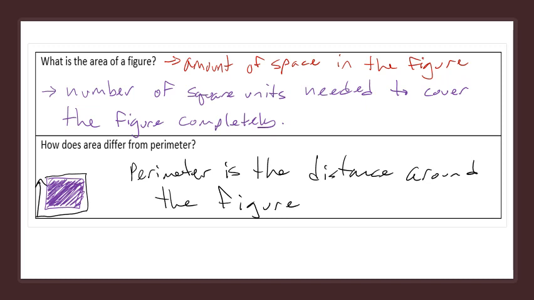That's basically the two differences. We're going to be dealing mainly with the area. You might be asked questions regarding perimeter as you work through your different evidences, but the content focus is on the area.